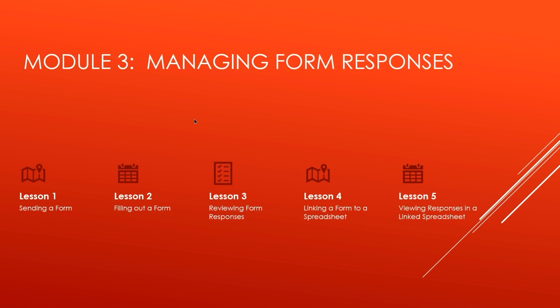In Module 3, we'll begin managing form responses. We have 5 lessons in this module. We'll start by sending a form, and then we'll get the opportunity to fill out a form. We'll review form responses, link a form to a spreadsheet, and then we'll be able to view responses in a linked spreadsheet.